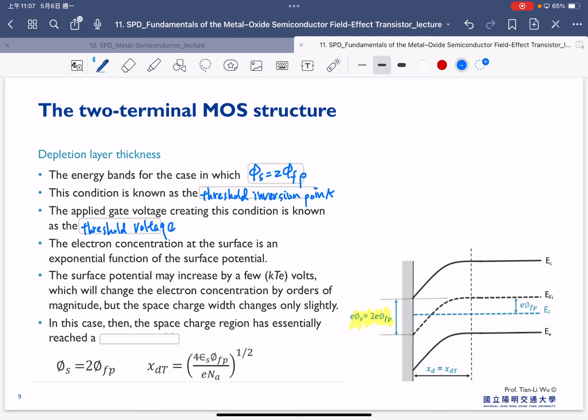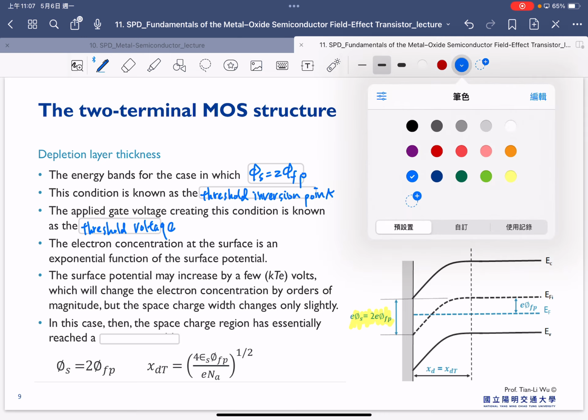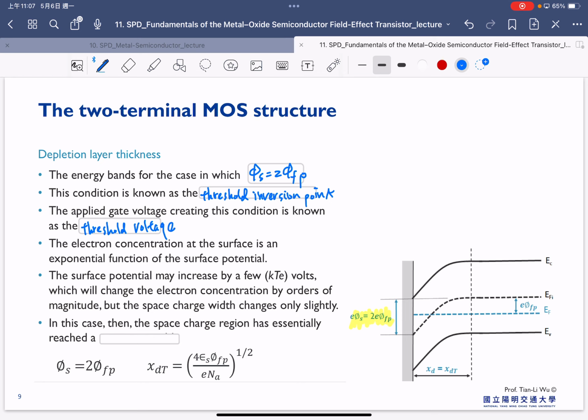And the concept of this threshold voltage is not only shown here. Actually, this is really important when we consider the IV curve, especially the drain current versus the gate voltage. Once we increase our gate bias, and once the gate bias becomes larger than our VTH, we start to see the current dramatically increase.